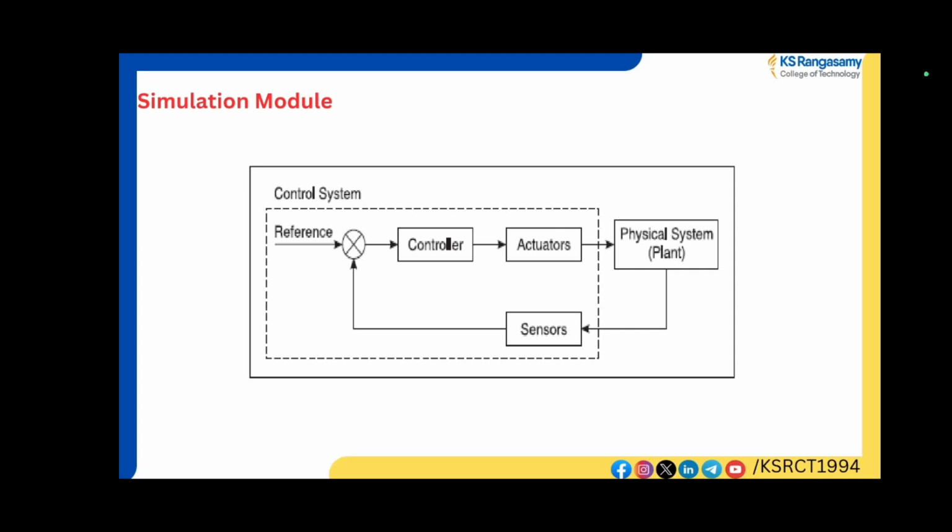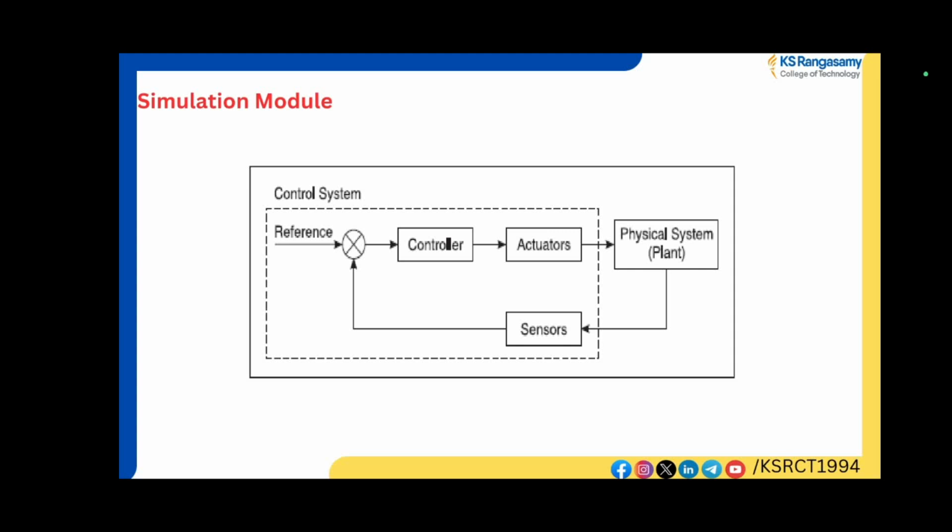What happens in this control system is, first we give the set point input. It senses the output using the sensors, and it compares it with the reference input. The difference between the sensor output and the reference input is taken by the error detector, and it is given to the controller. Based on the controller settings and the input from the error detector, the controller takes some action that is given to the actuators.